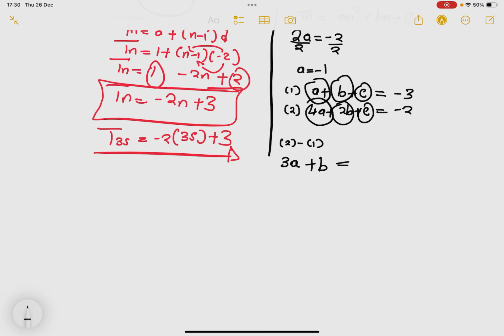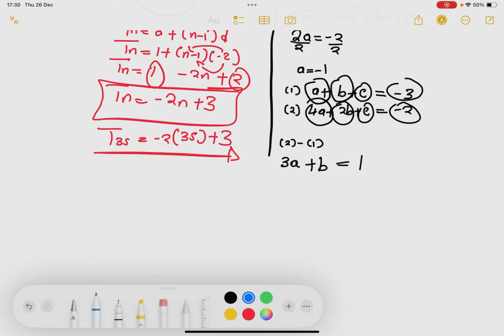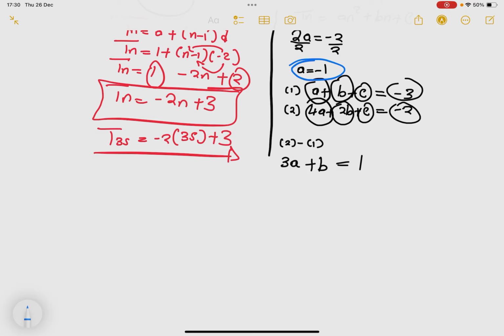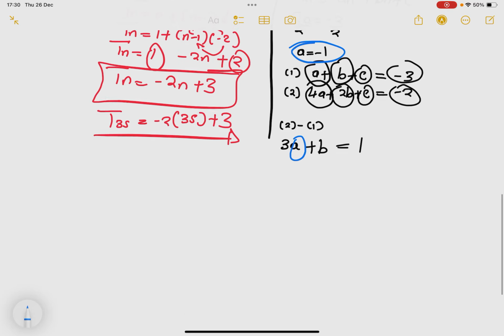And we're going to have minus 2 minus minus 3, which is just going to be 1. And we quickly realize here that we do have the value of a. It's minus 1. So wherever there is an a, we're just going to substitute minus 1.